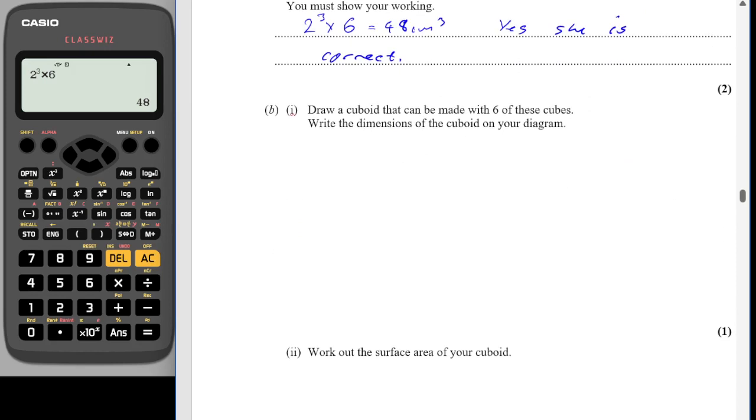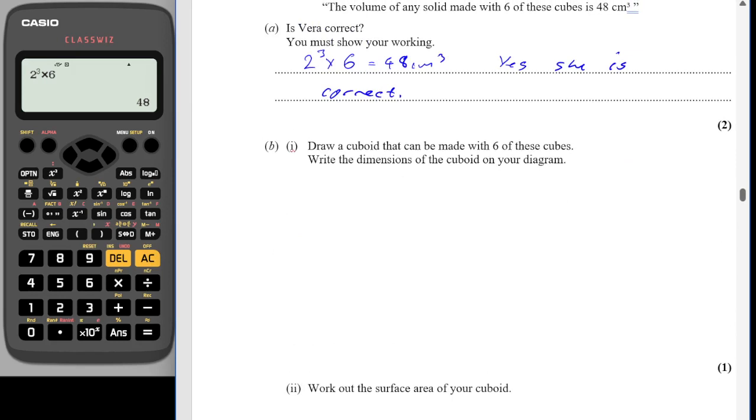Part B, draw a cuboid that can be made from 6 of these cubes. Write the dimensions clearly on your diagram. Okay, so I'll do this freehand.